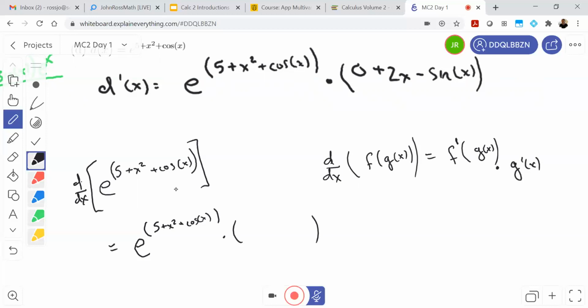That just becomes, because those are all being added together, the derivative of 5 plus the derivative of x squared, 2x, plus the derivative of cosine, which is negative sine.